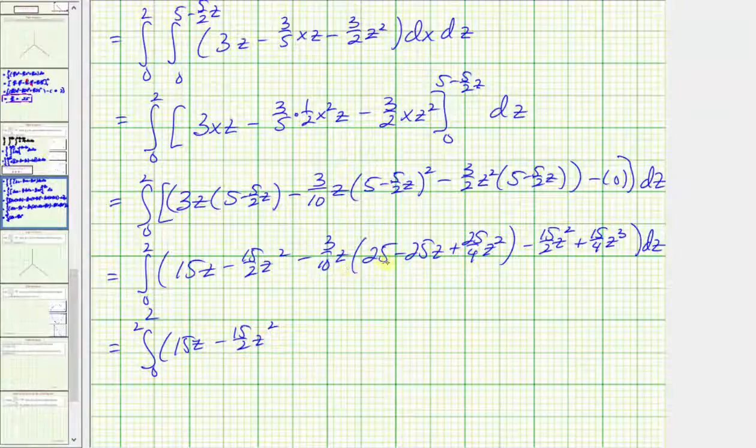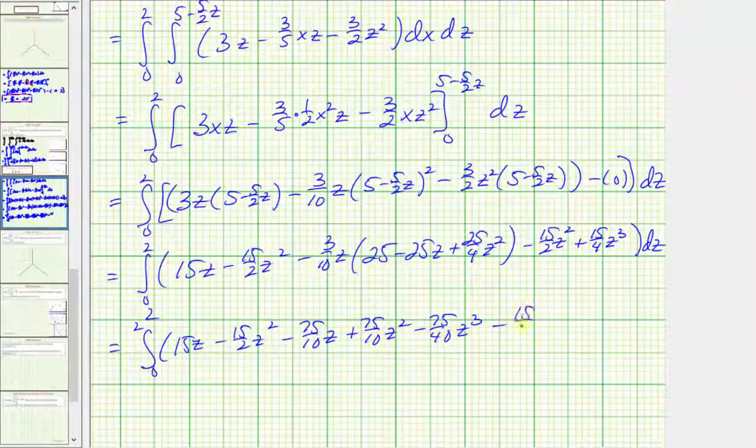So here we're going to have minus 75/10 z, and then plus 75/10 z squared. And then we're going to have minus 75/40 z cubed. And we still have minus 15/2 z squared plus 15/4 z cubed. We now need to combine like terms.